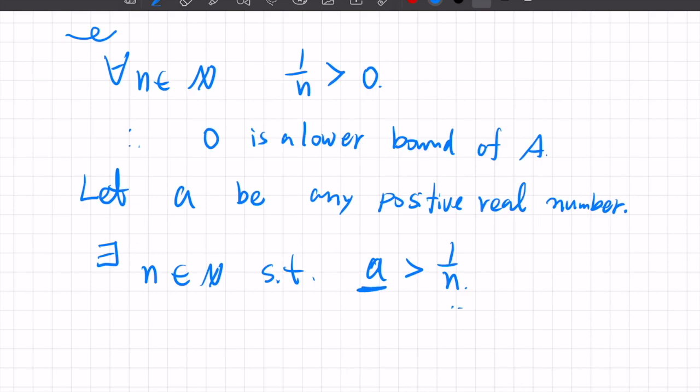So any positive real number cannot be a lower bound of this set A. That is, all non-positive real numbers are lower bounds of A, and so the greatest of all non-positive real numbers is 0. So therefore, inf A, that is the greatest lower bound of A, must be 0.